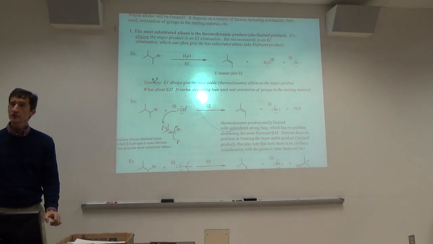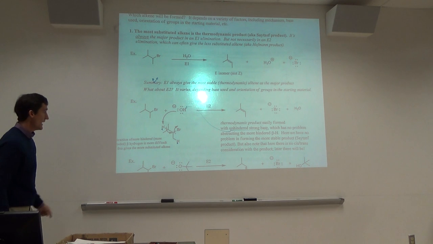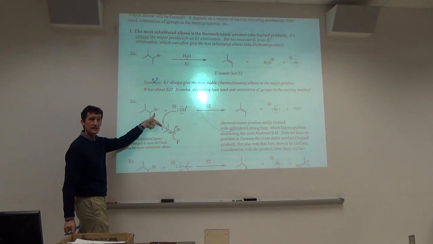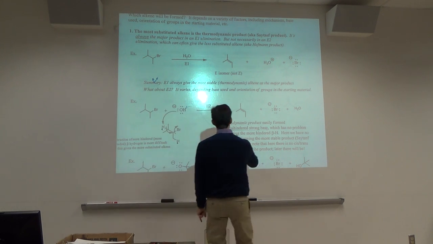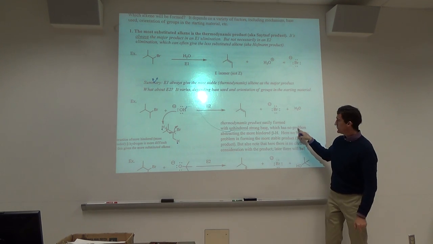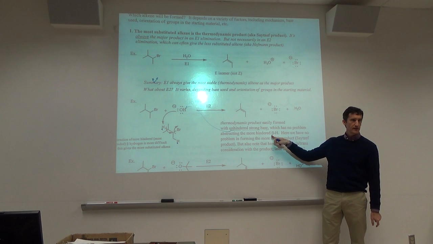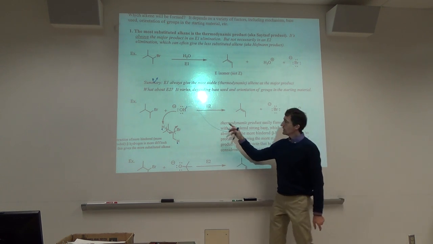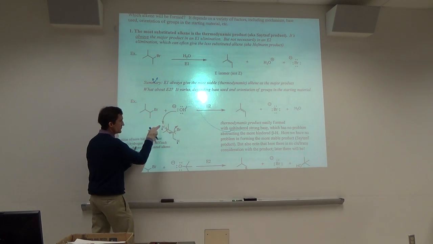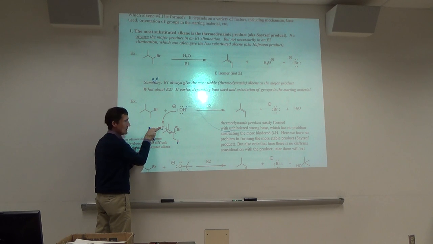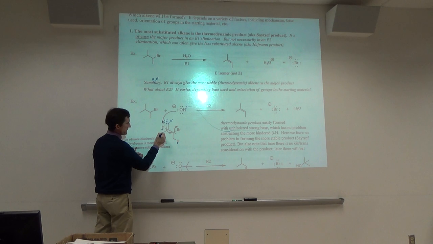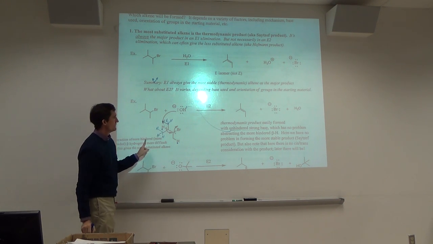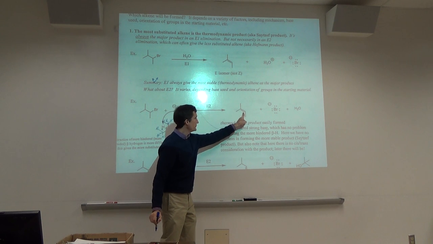Which one should be more difficult to reach? A. A is more sterically hindered or crowded. But an unhindered base has no problem abstracting the more hindered beta hydrogen. Because hydroxide is small, it has no problem taking this H, which is in here amongst all these other H's from the methyls. Okay, you see how it's hindered? And we can get the more substituted alkene.